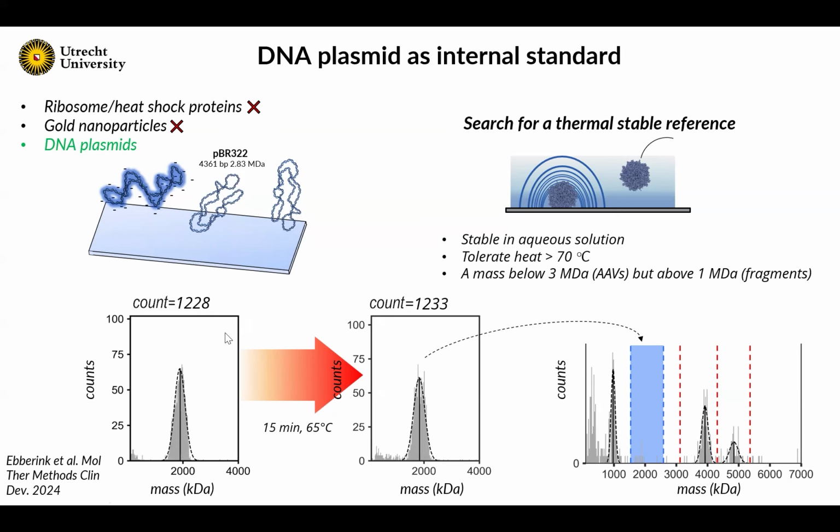But this is because we use a protein-based thyroglobulin standard, and the contrast values of protein are different from those of DNA. So you would need a specific DNA-based standard curve in order to get the proper mass. But we use the thyroglobulin, so the mass is now about 1.9 megadalton. That's actually nice because it then fits nicely within our measurement compared to the other masses that we see.